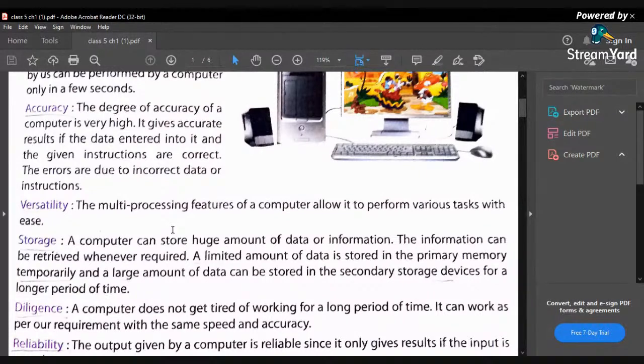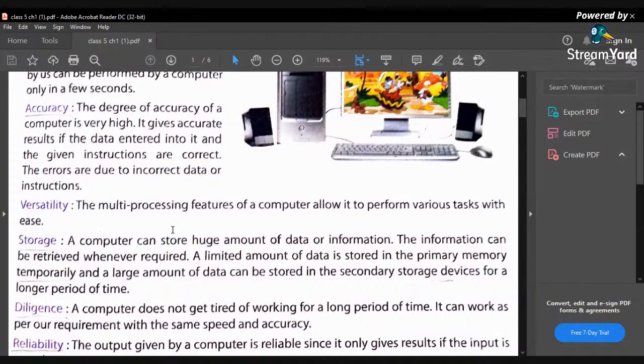It never forgets, but humans can forget everything after a certain period, because humans have limited memory and limited storage capacity. So humans can forget everything and the computer doesn't forget, because the computer can store every data and every instruction in its memory.